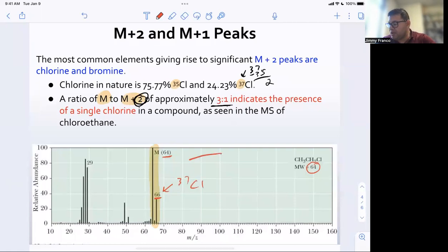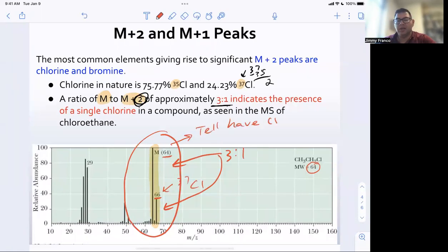And these 2 peaks should be in a ratio of about 3-to-1. It's that height, right? If we're looking at the height, this is about 33%. So it's about 3-to-1. What this should do is tell you that in this molecule, this group all together, sorry, I know I have a lot going on right here, should tell you that you have a chlorine. It's going to tell you that you have a chlorine in your molecule.